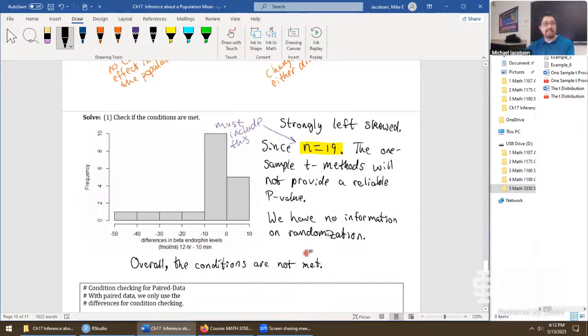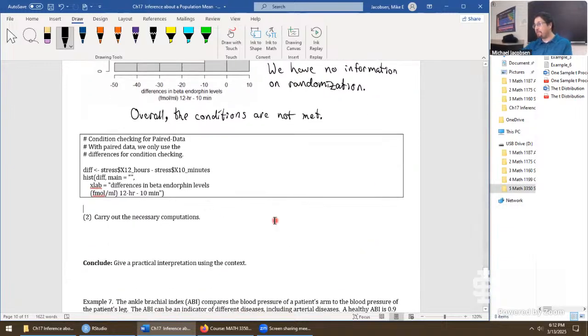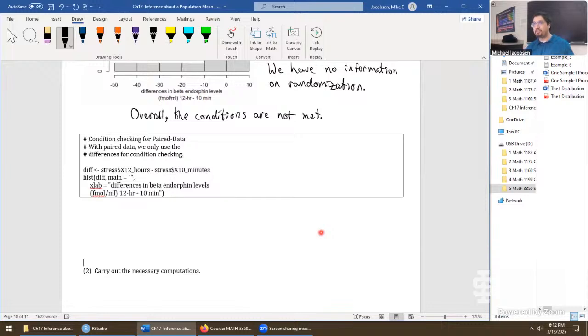Because we can run the test, we can give a conclusion, we can follow the guidance in providing a complete analysis and just mention after a conclusion, these are the ways you should probably not trust what we just did. But even if we did all that, you might feel like you're being really disingenuous at that point, that you're doing an analysis you feel like you really shouldn't do, it won't work. Why do that analysis at all? So this is a weird opportunity in this class, but it's kind of fun in a way because it becomes really a choose your own adventure style of a problem at this point.